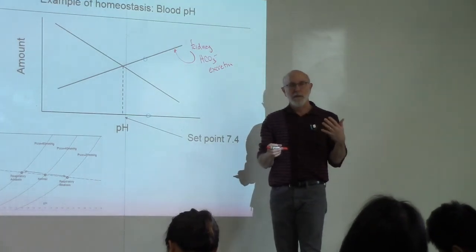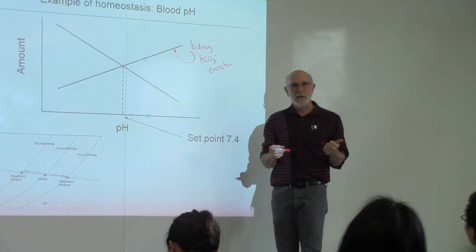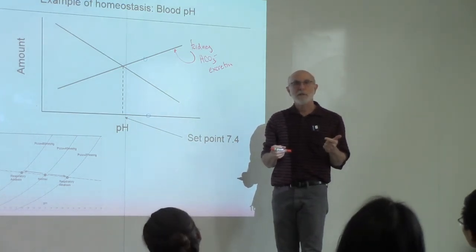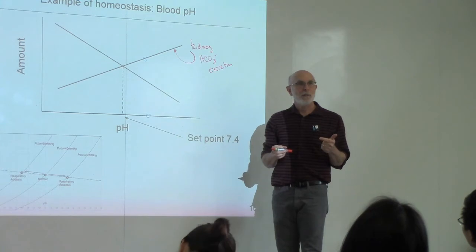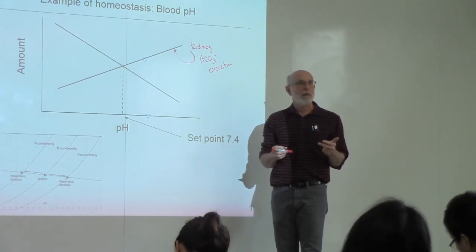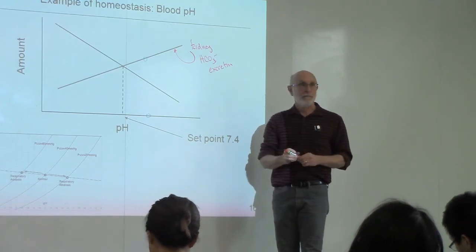Decreased expression of carbonic anhydrase, decreased expression of bicarbonate transporters, decreased expression of proton transporters in the renal tubule. All of those would lead to increased excretion of filtered bicarbonate.